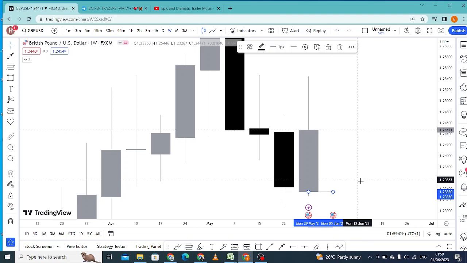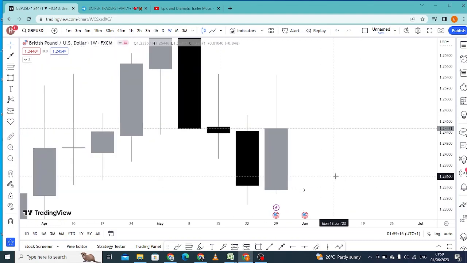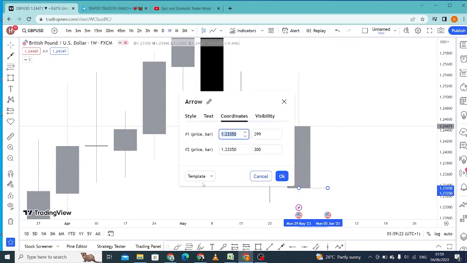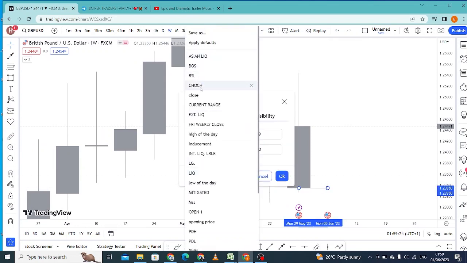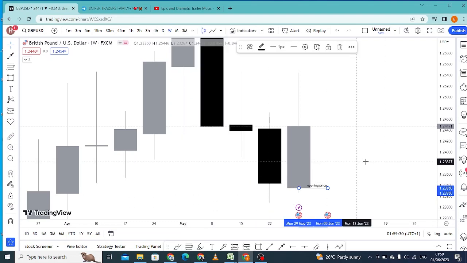Sorry, this is a bullish candle. I forgot to tell you that we're in a bullish scenario. Our opening price is 1.23350. So this is our opening price. Now we created the low.